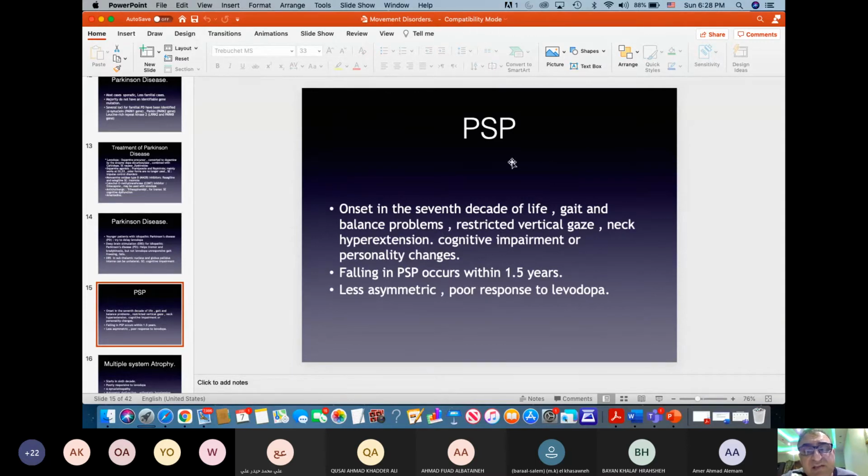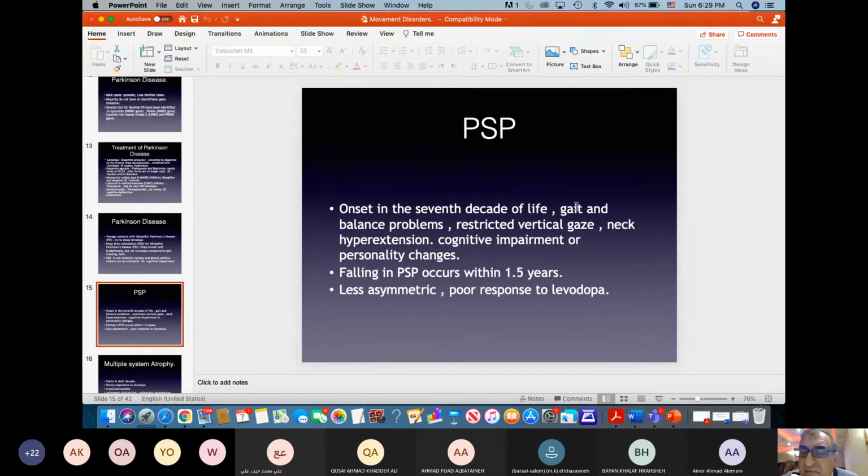For example, we have PSP, progressive supranuclear palsy. In these patients, they do have bradykinesia, rigidity, and some tremor, mostly bradykinesia and rigidity, not much tremor. In addition, though, they have early gait problems. As I said, with idiopathic Parkinson's disease, the gait problem starts later in the disease.